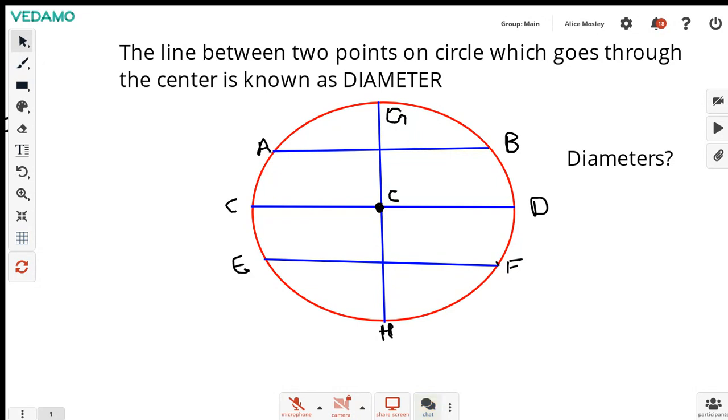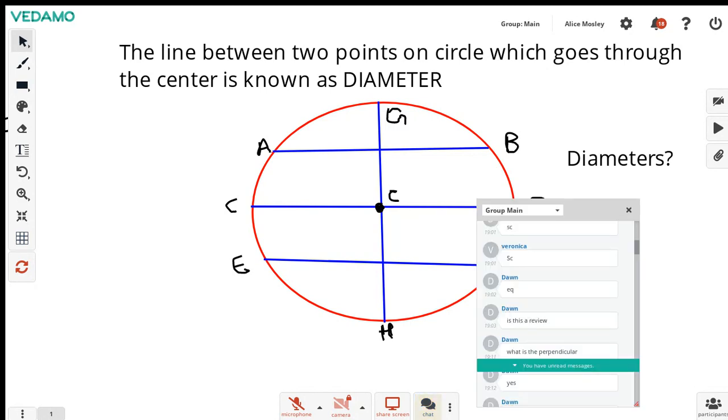If you think AB is the diameter, write AB in the chat box. If you think CD is the diameter, write CD. If you think GH is a diameter, write GH. There can be more than one answer, please.